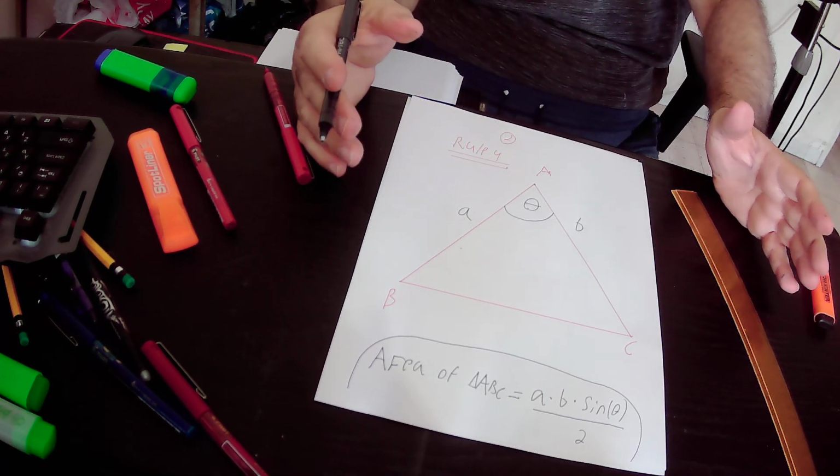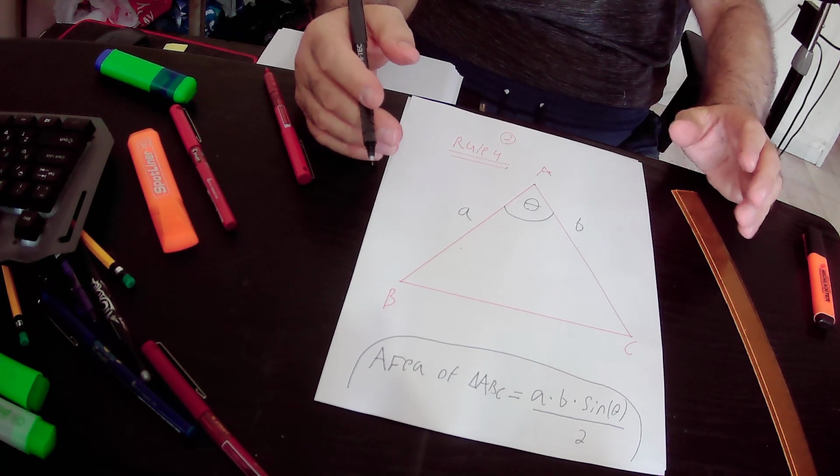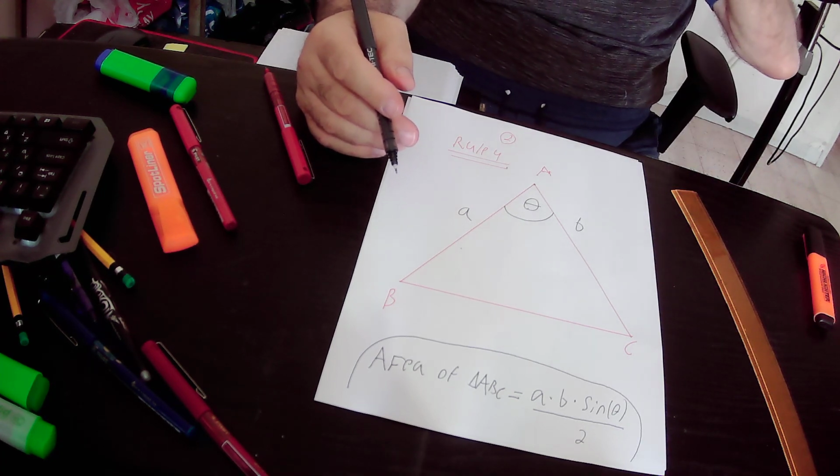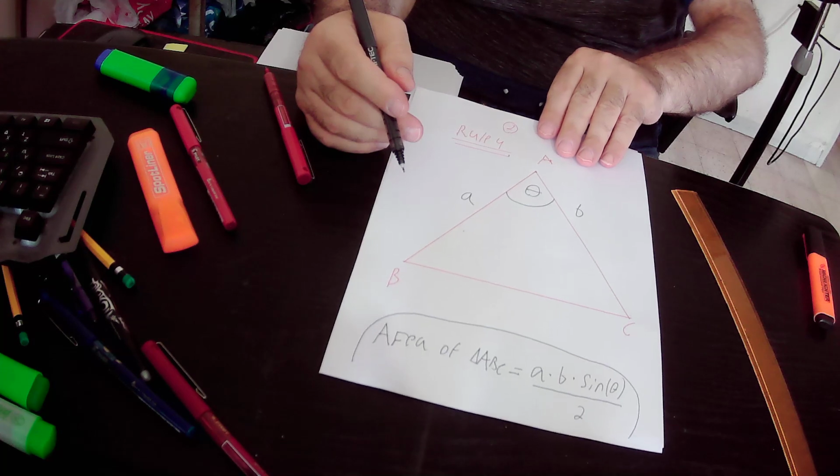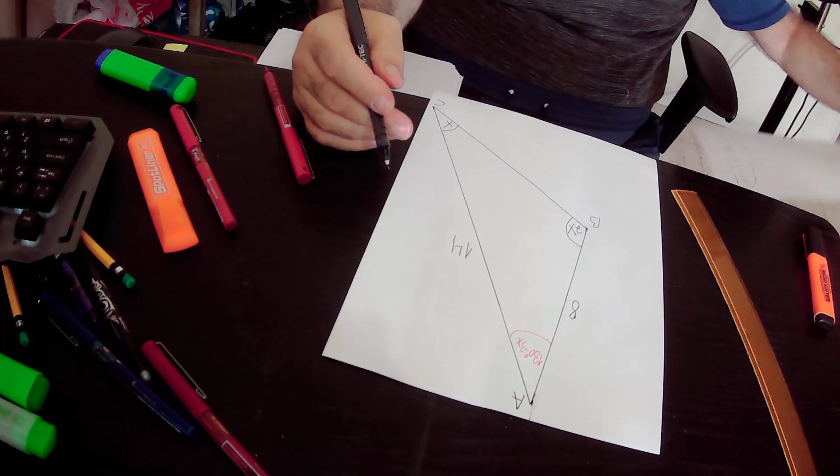And it is true for any triangle, so we will use this formula in order to find out the area of our triangle ABC.